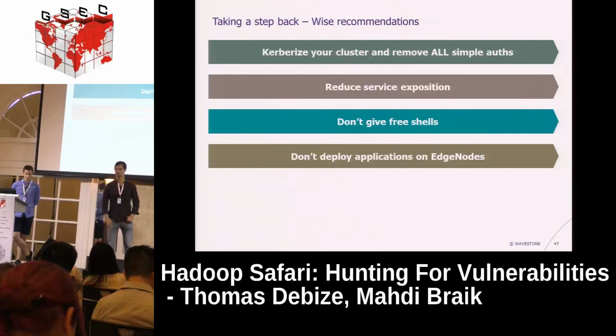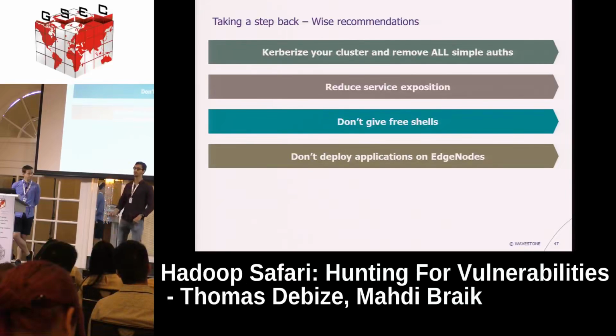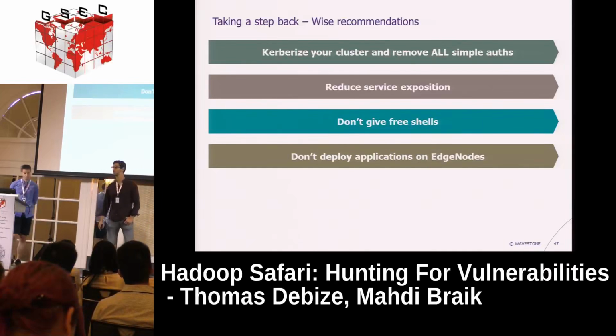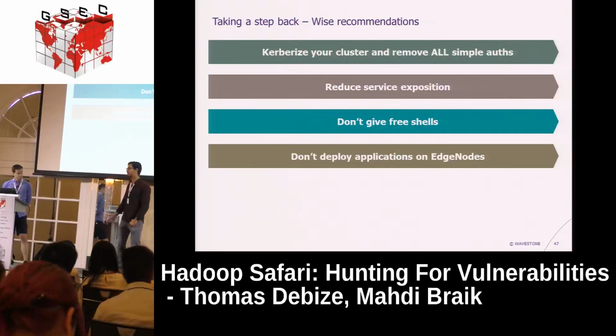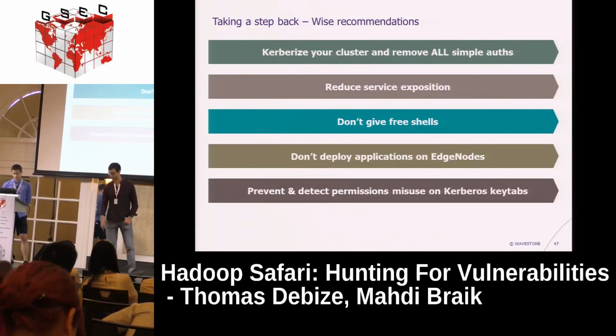If users also have access to the edge node, they can just, for example, read the keytab file. So don't deploy applications on the edge node, except I think the Hadoop client.